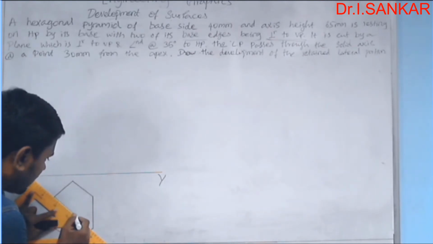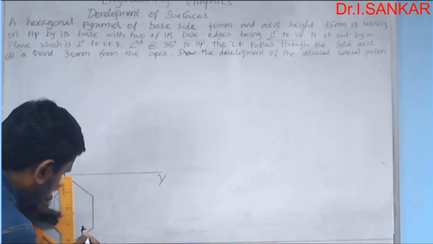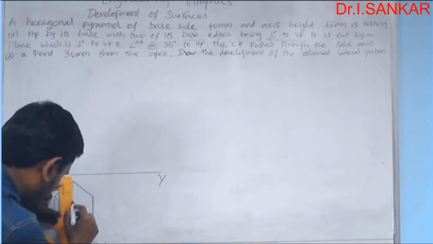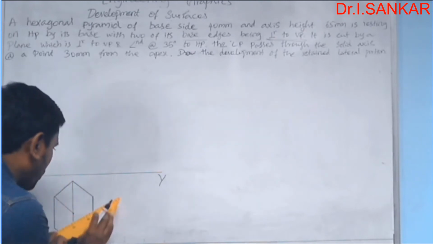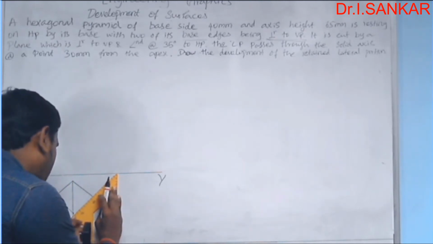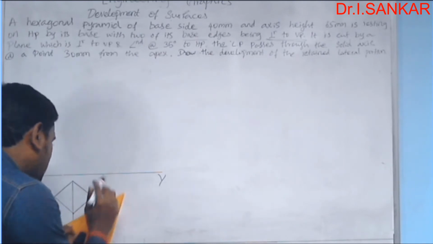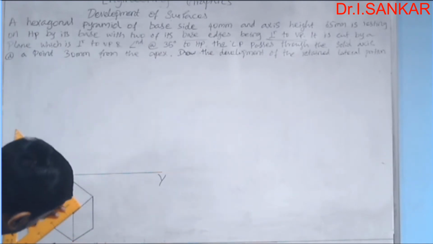Do everything with the help of a 2H pencil, because we don't know which are the retained portions and which are the removed portions. Only the retained portions need to be finalized. So until deciding these things, we have to draw everything with the help of a 2H pencil.